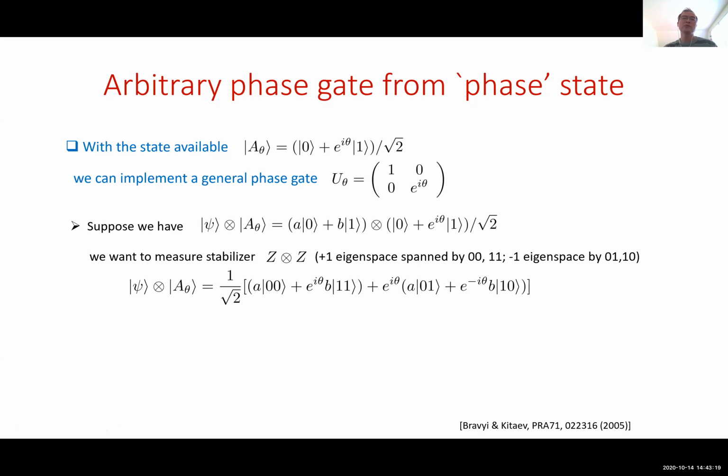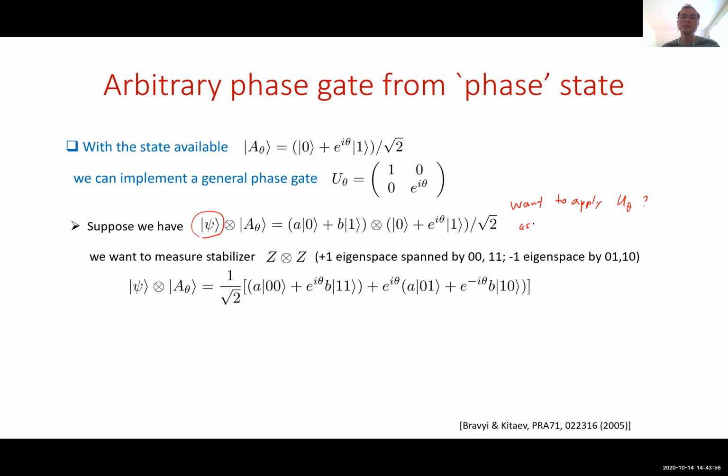Suppose we have a state psi, and we want to apply U theta, but we don't want to do it actively. It could be that we do not have a protected way to do that, and the only thing we can do is the usual Clifford gates.